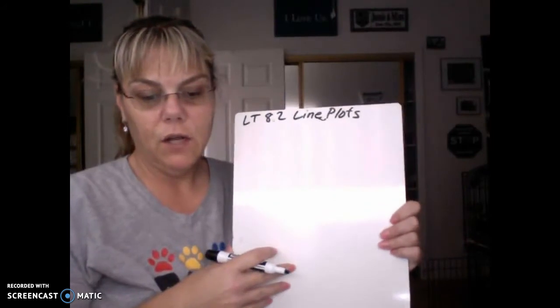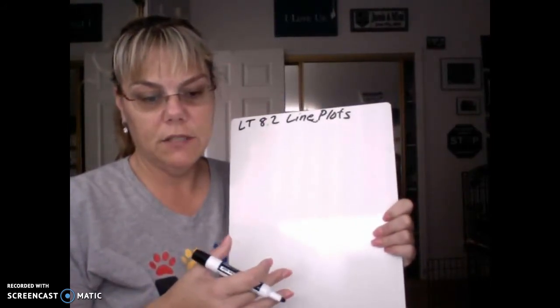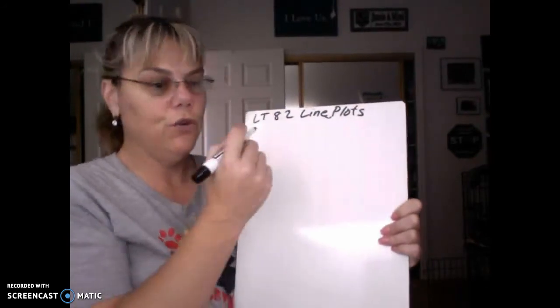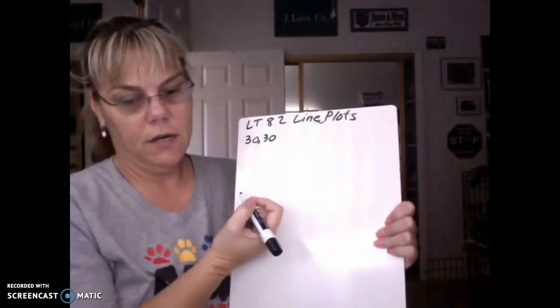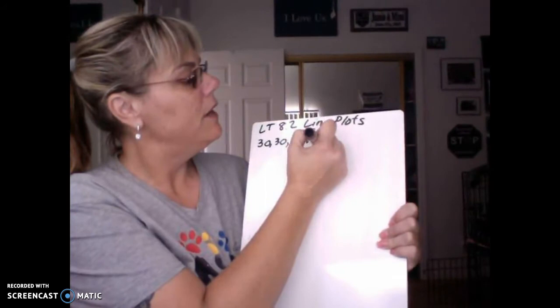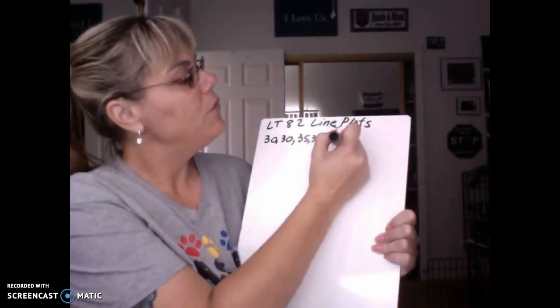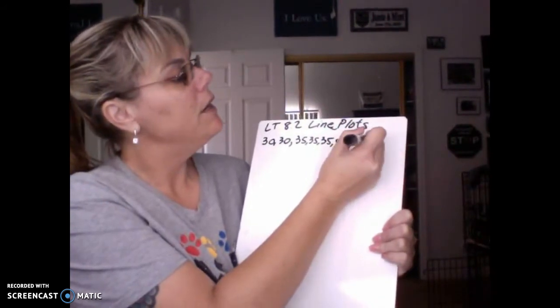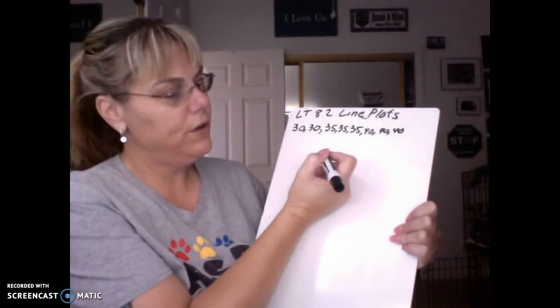Well, for the median, we have to line up the numbers in order from least to greatest, okay? So there's two 30s, so I'm going to have 30, 30. There's three 35s, I'm going to have 35, 35, 35. There's three 40s, 40, 40, 40. And there's 1, 2, 3, 4 45s.